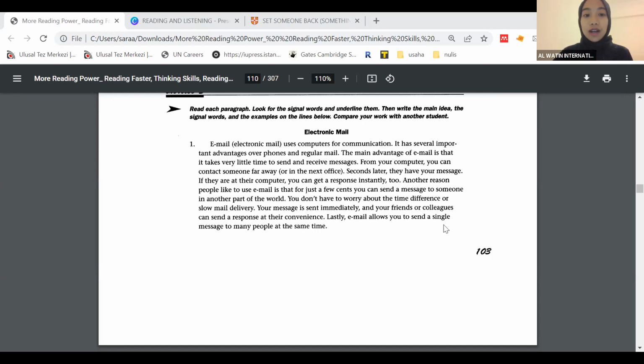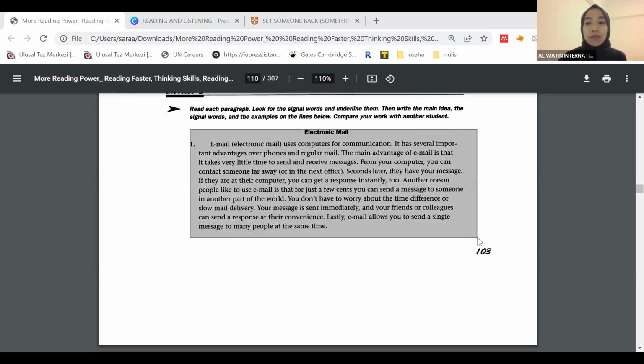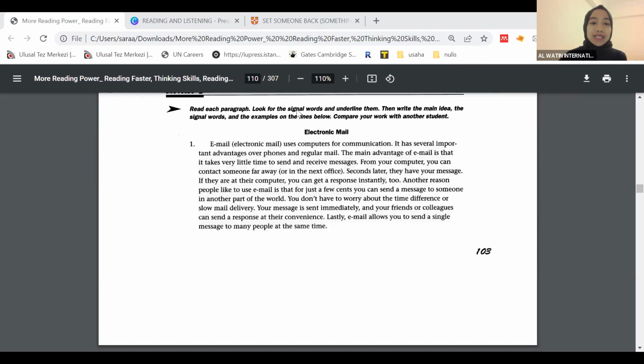Okay, if not, let's discuss then. Let's discuss this paragraph. Remember, we're gonna decide about the listing. What are the list points in this paragraph? Anyone want to answer? Remember last time we learned about listing.